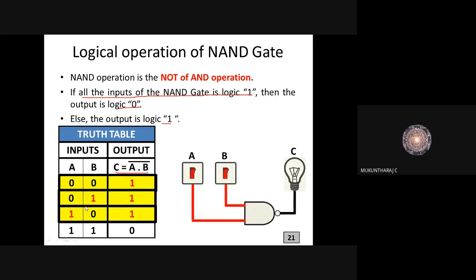In the second and third combinations, one of the two inputs is 0, and the output is 1. Similarly, in the first case both inputs are 0, so the output is 1. So if at least one input is logic 0, the NAND gate produces logic 1 as the output. If all the inputs are 1, then the output goes to logic 0.